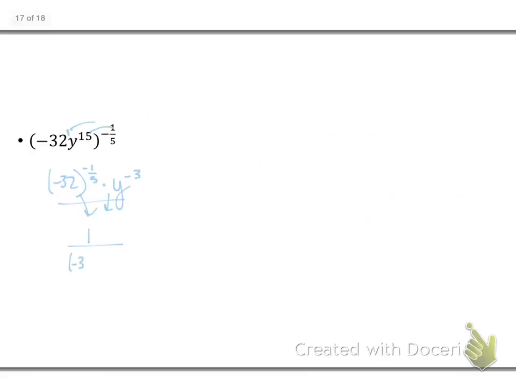So now I got negative 32 to 1/5 y cubed. Rewrite it. 1/5 is going to be the 5th root of negative 32, and then we got y cubed still out there. And actually this simplifies to negative 2. So if I want to rewrite this here, the 5th root of negative 32 is negative 2 y cubed. So you got to see how far you can simplify.